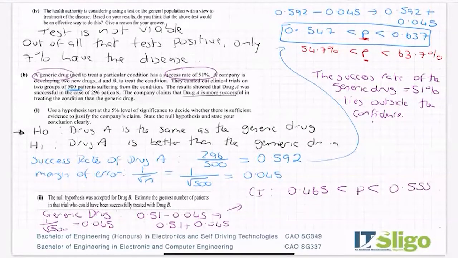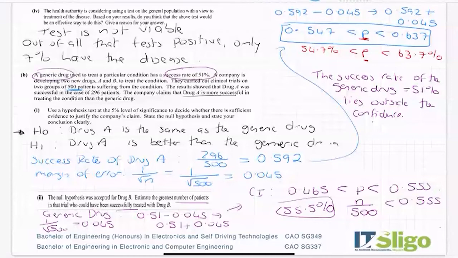So estimate the greatest number of patients who could have been successful. Well, it was 55.5% of patients, basically. Out of the 500 that was tested, how many of them gives me a statistic of 0.555?